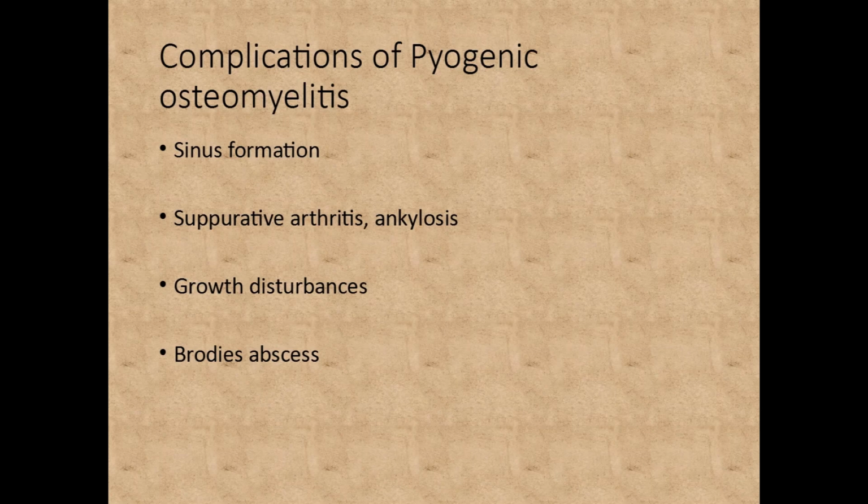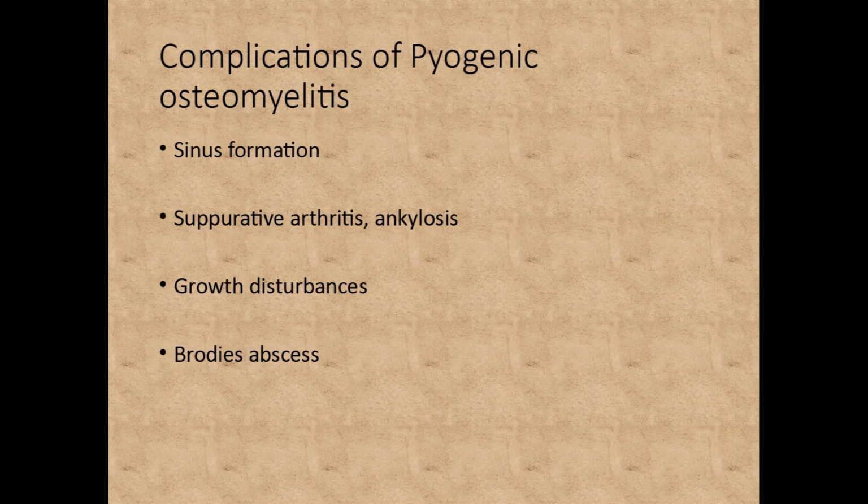The other possibility is that the abscess can go up and involve a joint, at which point it is called suppurative arthritis. And if there is an arthritis, the joint can undergo destruction, leading to something known as ankylosis. Ankylosis is basically the reduced mobility of a joint.